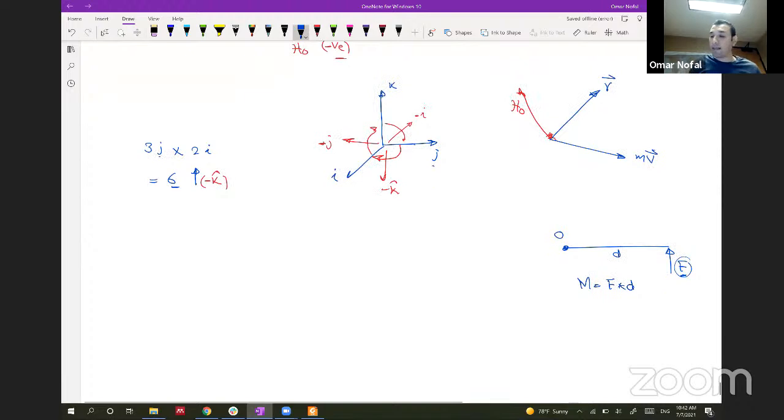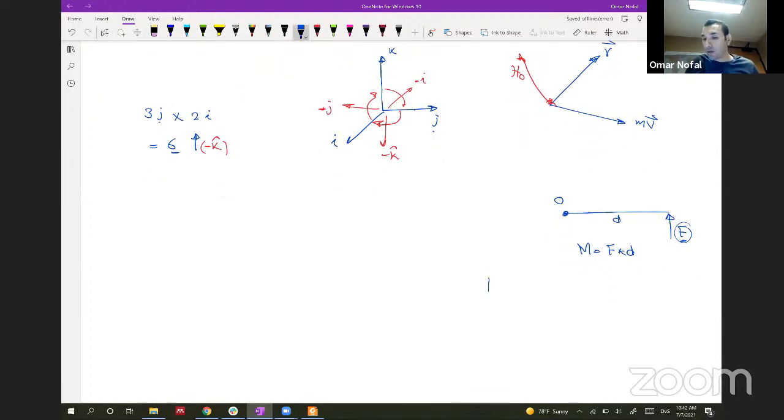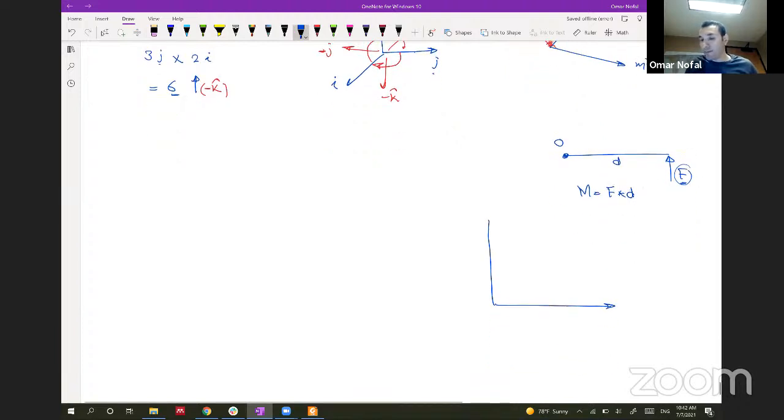But if we want this as a vector quantity, say we have X, Y, and Z axes, a mass, and a particle, with a sum of forces acting on this particle this way, and we want the moment of all of these forces about point O, we draw a vector from O to the body, and this is the R vector.